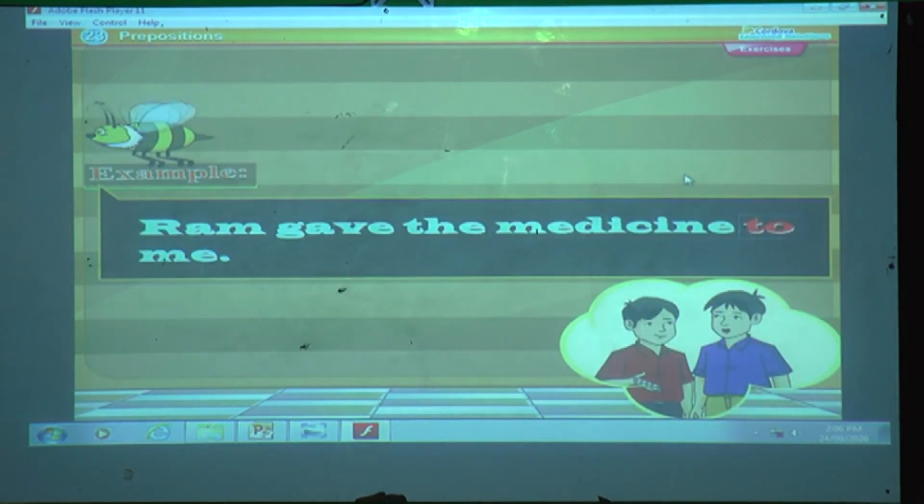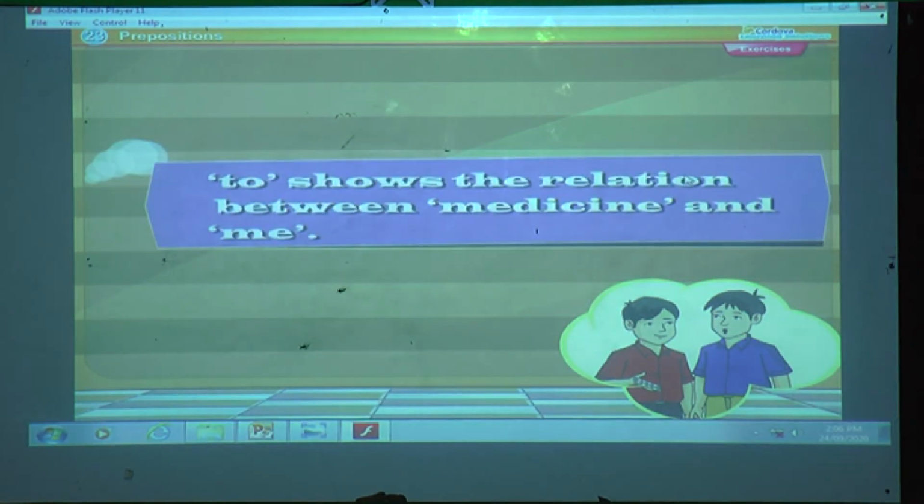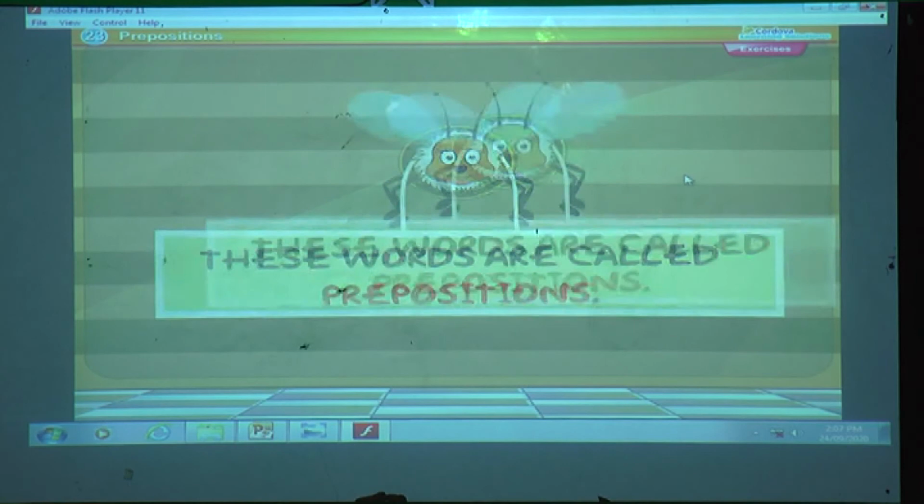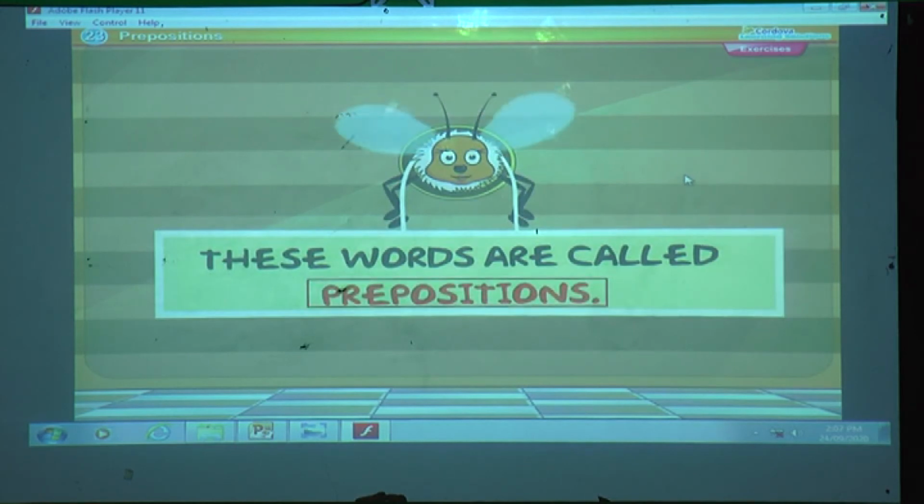Example: Ram gave the medicine to me. To shows the relation between medicine and me. The words in, to are placed before nouns or pronouns, and they show the relation between them and some other words in the sentence. These words are called prepositions.